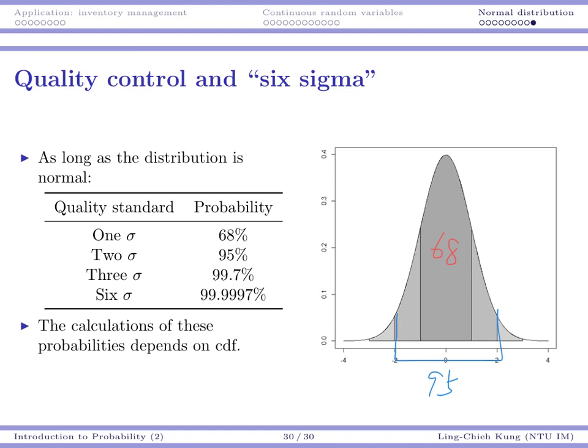Obviously the calculation of these probabilities depends on using the CDF, because you are calculating areas below the PDF curve. We're going to tell you how to do that. Basically, we call some functions, some Excel functions, for example. We will tell you how to do that in class.